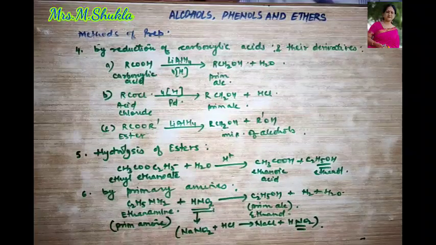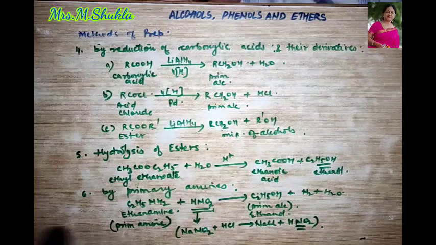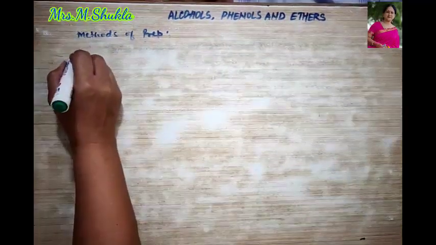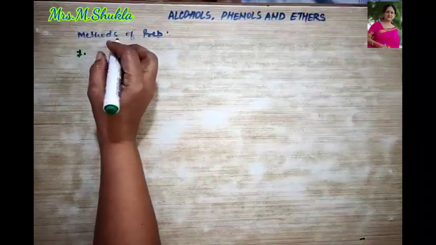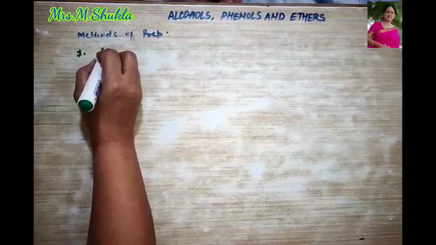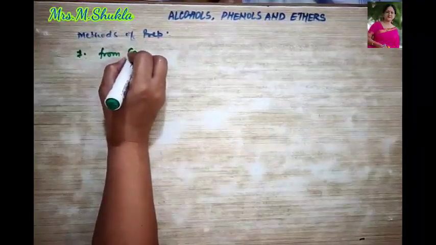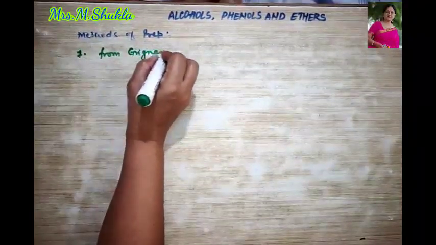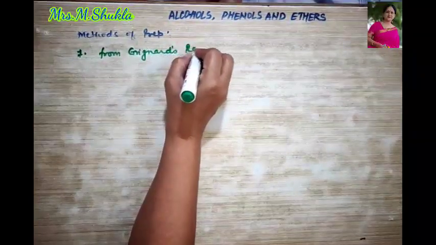We move to the last method of preparing alcohol, that is from the Grignard's reagent. So now coming to the seventh one, preparing alcohol from Grignard's reagent.